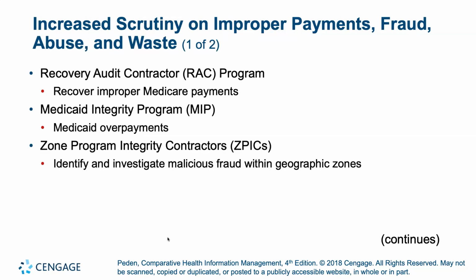Then there came to a point where there was increased scrutiny on improper payments, fraud, abuse, and waste. And now it would be nice in a perfect world if there was no need for this, if everyone had integrity and honesty. But you know what? Unfortunately, in our world, not everyone does have honesty and integrity. Not everyone makes sure that everything that they're doing is right.